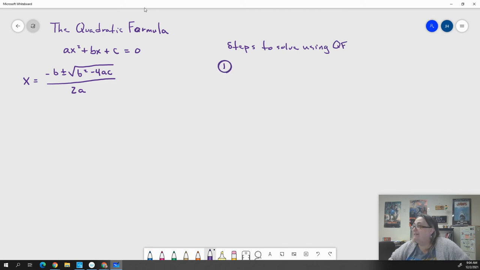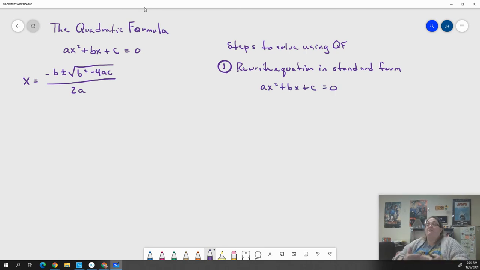Number 1, if necessary, rewrite the equation in standard form. Standard form is set equal to 0, in order of degrees. So ax squared plus bx plus c equals 0. Basically what we're saying is we want everything set equal to 0.